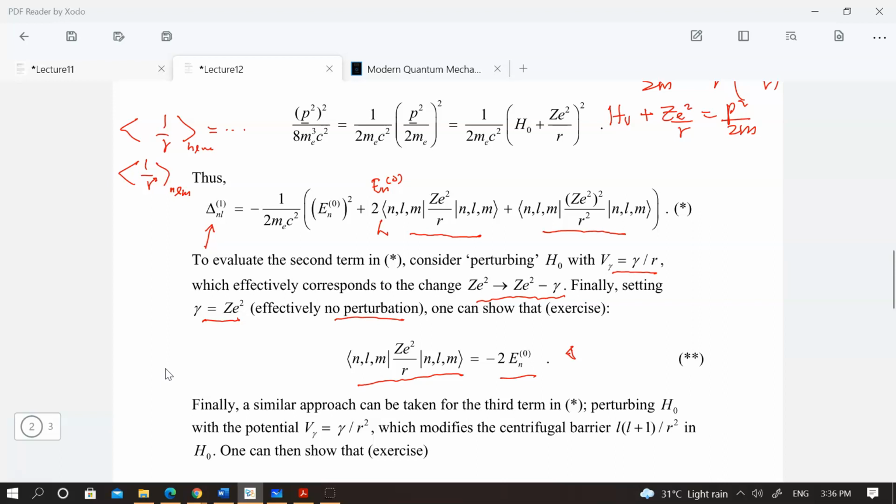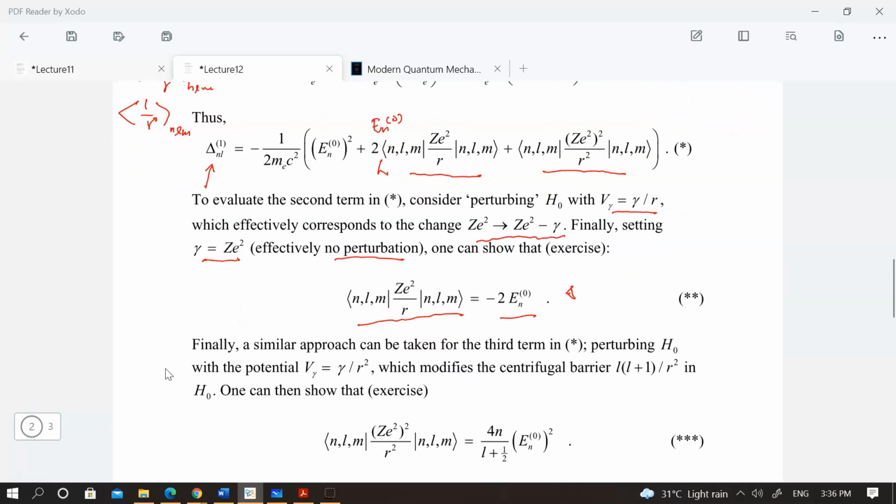So the next one is the third term over here. Again, we can use perturbation theory if you want, or you can use direct integration. With perturbation theory, you write your H to be H naught plus gamma on R squared, different from the one above.